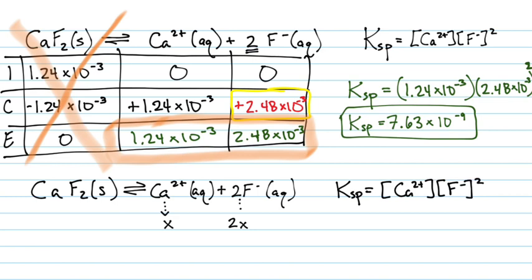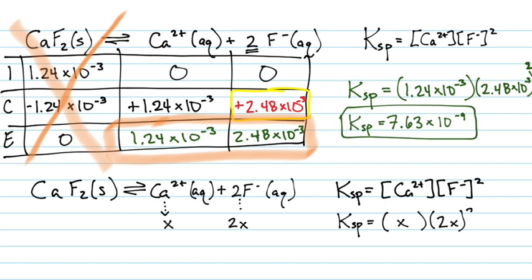But now, instead of thinking of this in terms of the full ICE chart and keeping up with that 1.24 times 10 to the negative third, we're just calling it X. And then we'll plug in the X when we're ready for it. So then my KSP would look like this. X, because there was only one calcium ion in the products. Fluoride is going to be 2X, because there's twice as many of them because of that big 2 in front of fluoride.